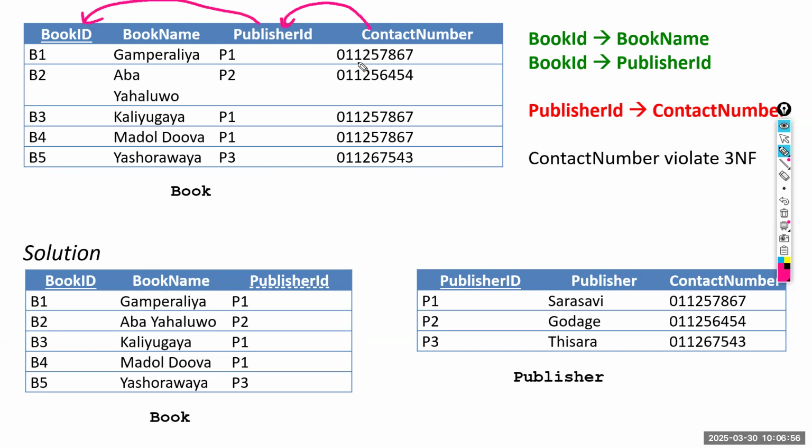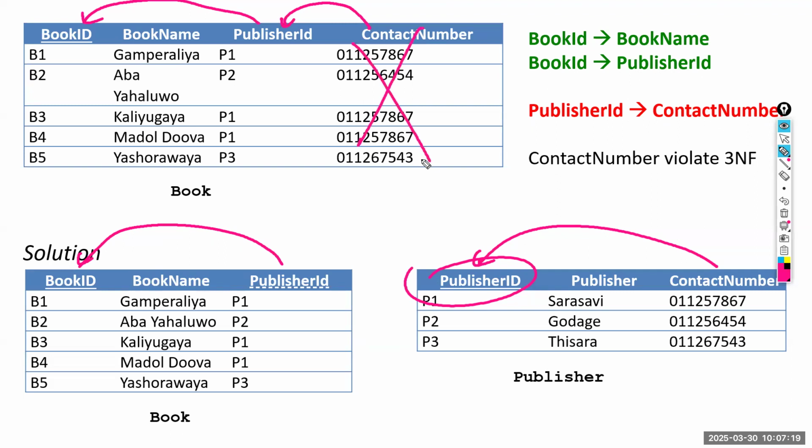But now we have eliminated that, because contact number depends on publisher ID, which is the primary key of that table. And publisher ID depends on book ID because one book has one publisher. That is fine, but having contact number here was the wrong thing. So that is why we took it to the correct table. Now both tables are in third normal form, so this violation is eliminated.